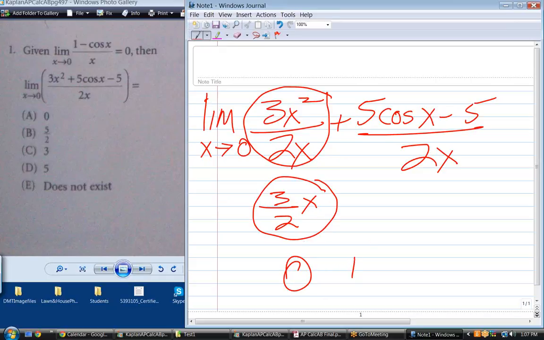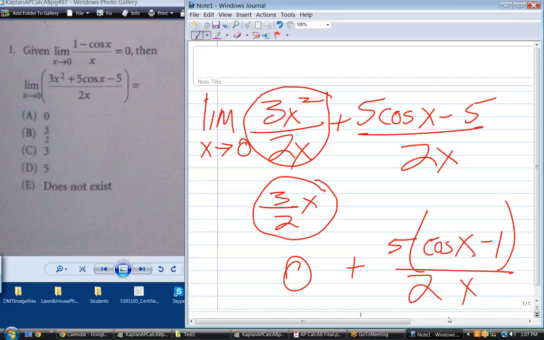And then this one over here, we can actually write as, we can factor out the 5. And the only reason I would do that is because their original statement, well, if the limit of that goes to 0, what happens to the whole thing?